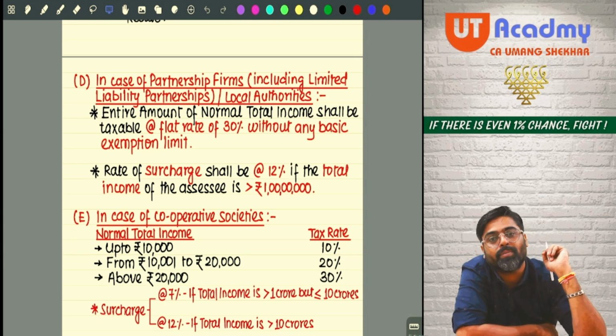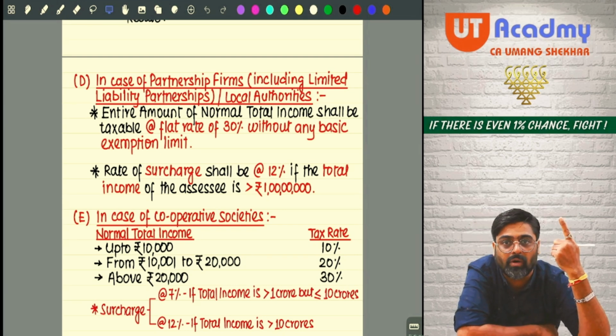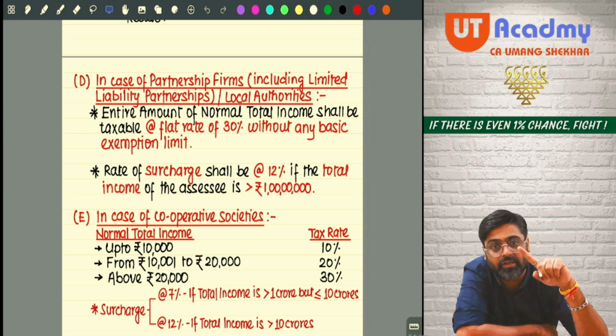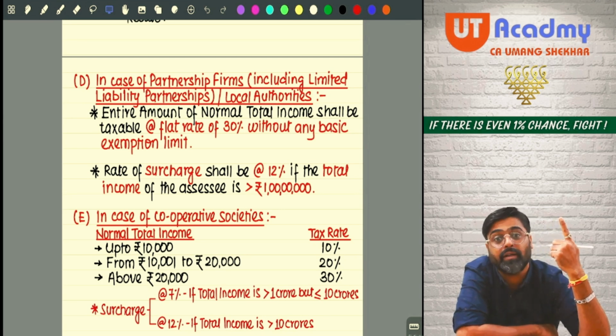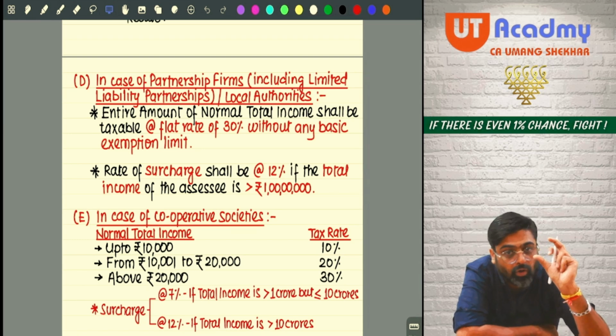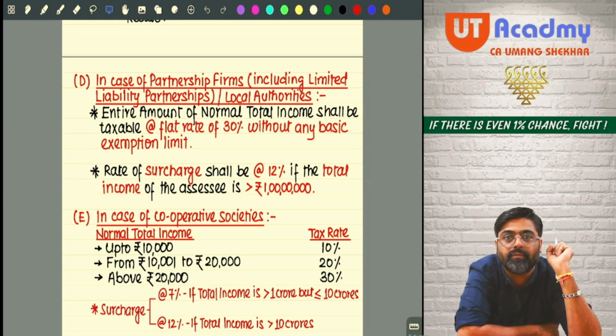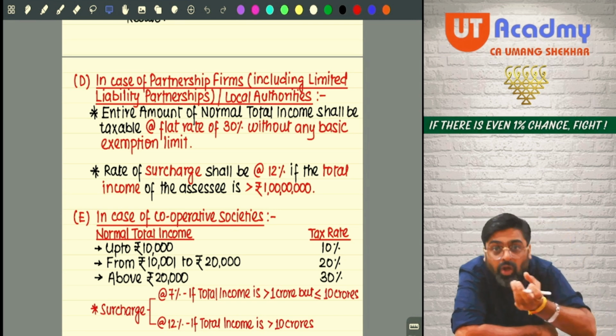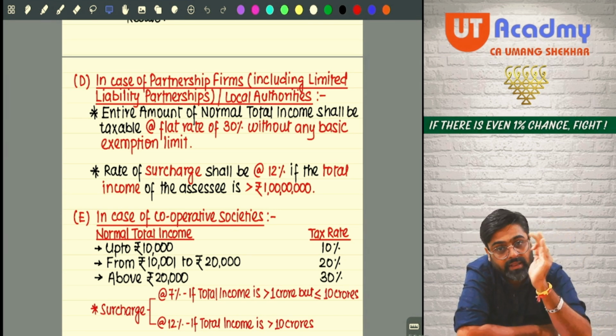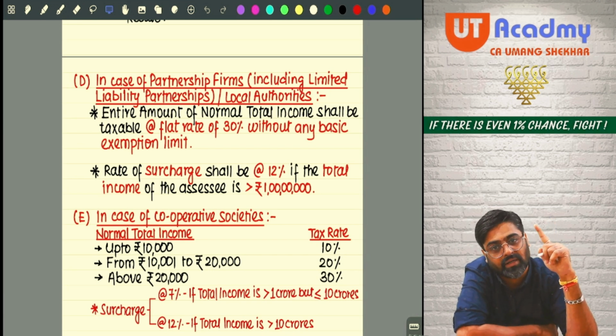Now, if you come to cooperative societies, see, cooperative societies are also AOPs, but they are covered separately. All the other AOPs are covered above with individuals and HUFs. But for one AOP which is a cooperative society, the tax rates are different. For all the other AOPs, the tax rates are slab rates, which we have already seen.